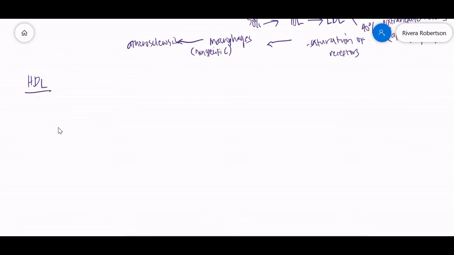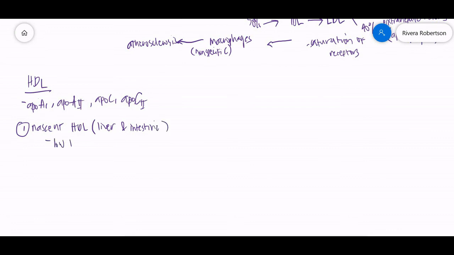Moving forward with high-density lipoproteins. Sila naman, meron silang apoproteins na ApoA1, ApoA2, ApoC1, and ApoC2. Okay? Now, the synthesis of HDL may happen in three ways. Number one is the production of nascent HDL in the liver and intestines.